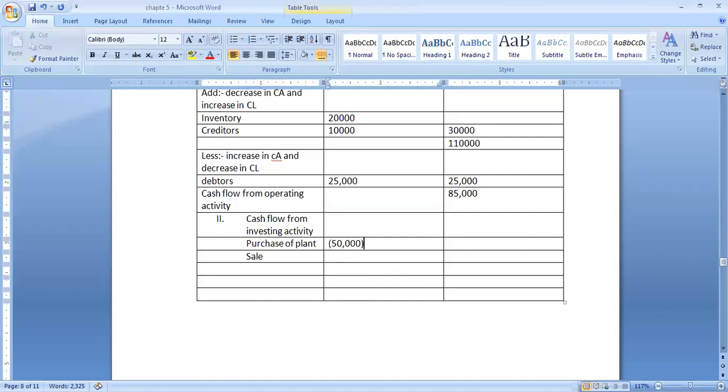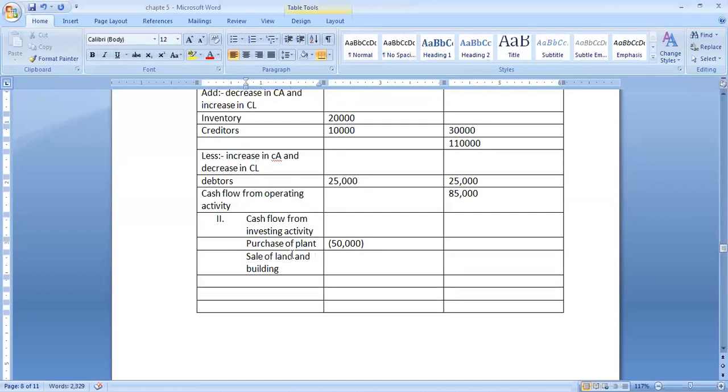So it is 50,000. Next, there is a sale of land and building. So this also you got while calculating the value. So whatever the value that is going to remain will be indicated here. That is 30,000 will be indicated here. So 85,000 minus 30,000 gives you 55,000.